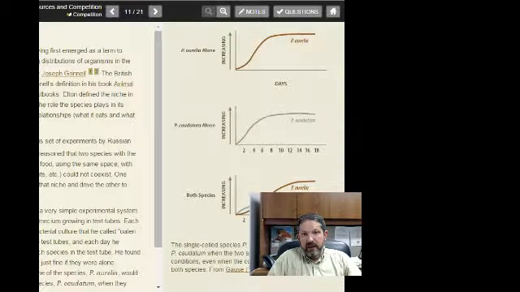And in the case of these paramecia in the wild, they probably don't overlap completely. Maybe one specializes on one habitat or one type of food or something more than the other. Perhaps in the wild they can compete and live together, but in the simplified petri dish scenario here, where they had only one food source, you put them together and one of them wins out.